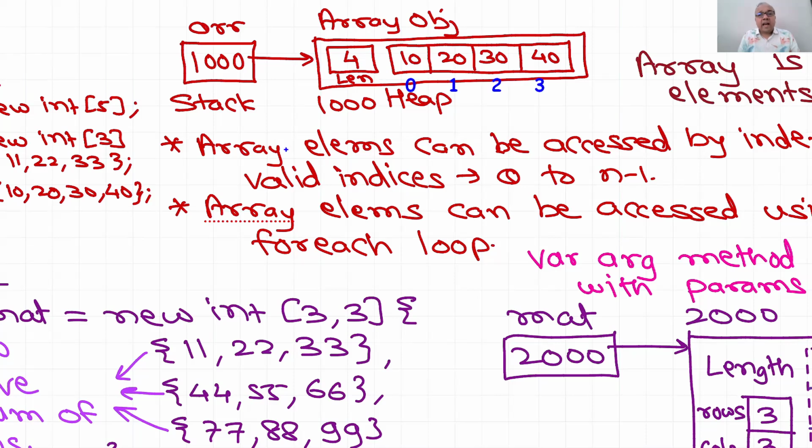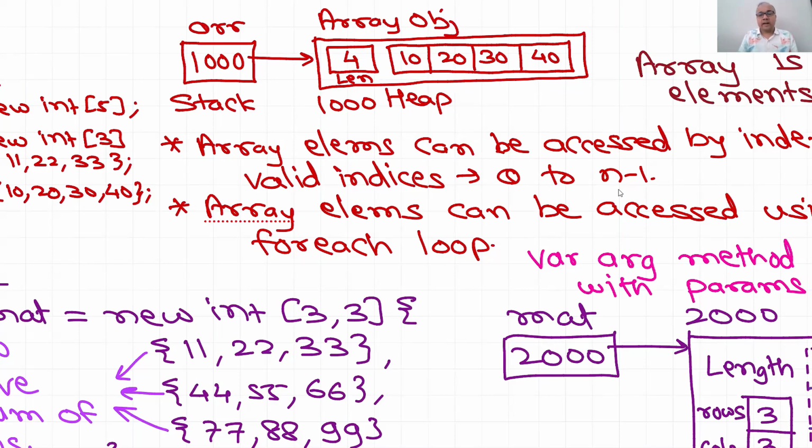In general, the array elements can be accessed using the index operator with valid indices, that is 0 to n minus 1. If you try to access any element beyond that array index, it will throw an exception at runtime.